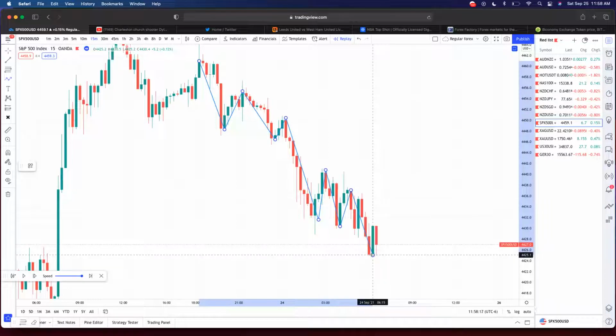Okay, so is this even structure? No, I don't think so. So 1, 2, it closed into this high, low, that is high. Wait, I'm just trying to validate structure, sorry guys.